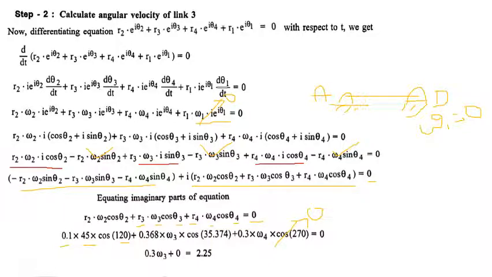So we got this term. After multiplying 0.368 into cos 35.374, we got 0.3 omega 3, which is equal to 2.25. Then omega 3 becomes 7.5 radians per second. So it is rotating in a counterclockwise direction.